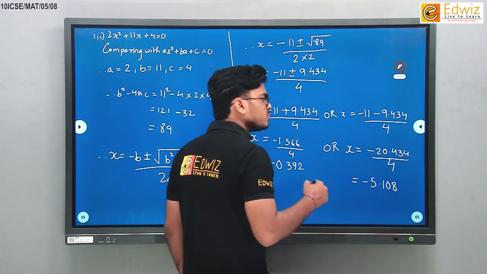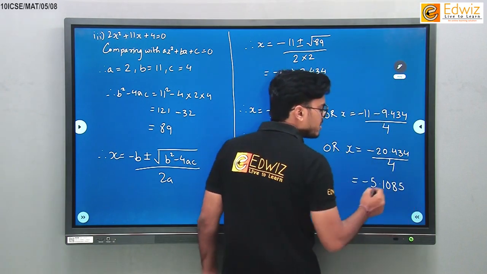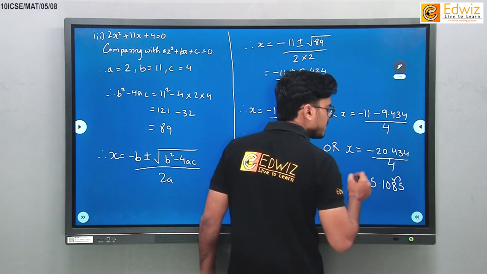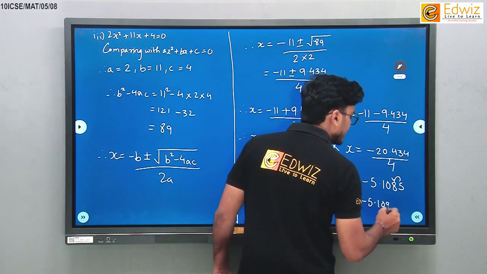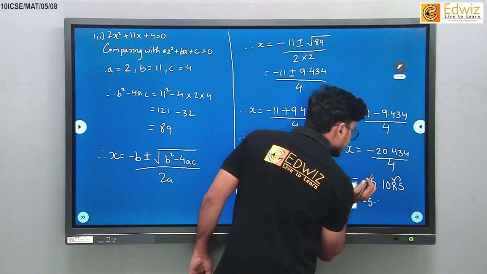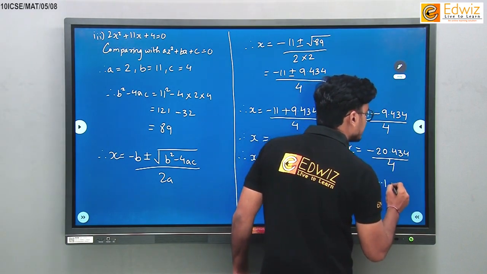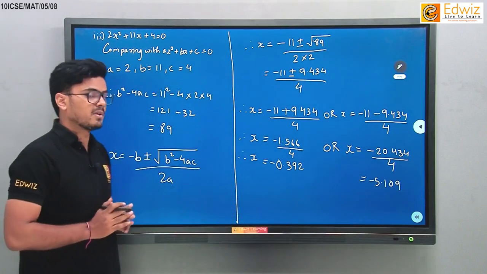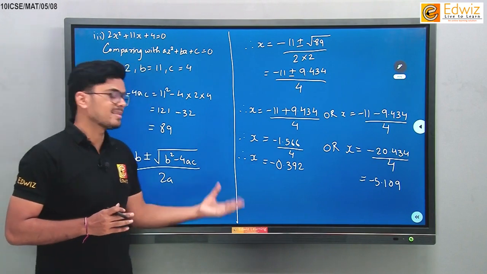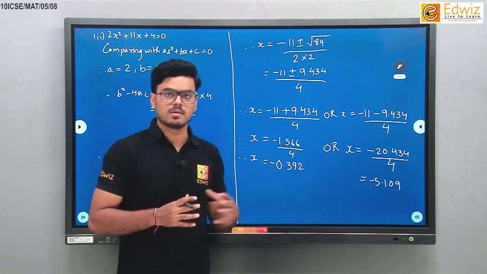Once again, if you check the next digit, 2 is the remainder, so the next digit is 5, due to which this digit can be rounded off to minus 5.109. These are the two possible values of x in this question, minus 0.392 and minus 5.109.